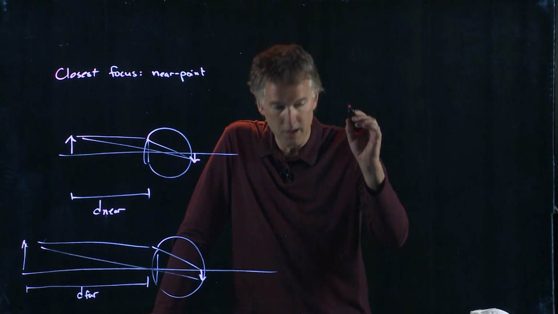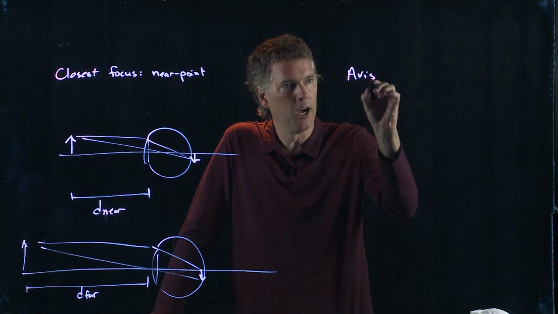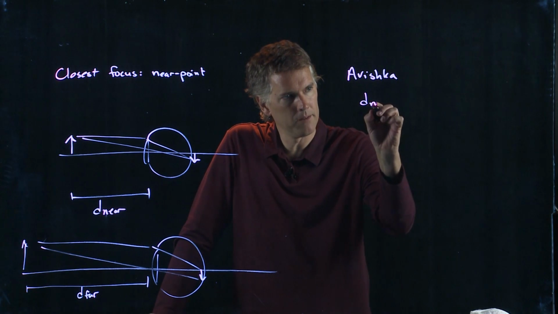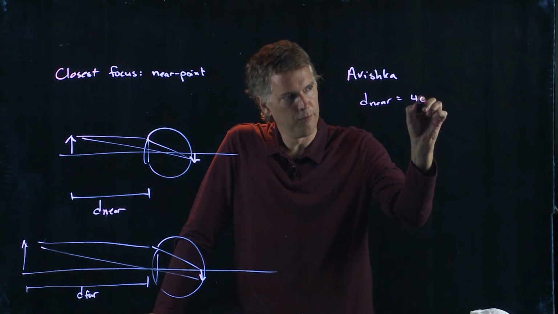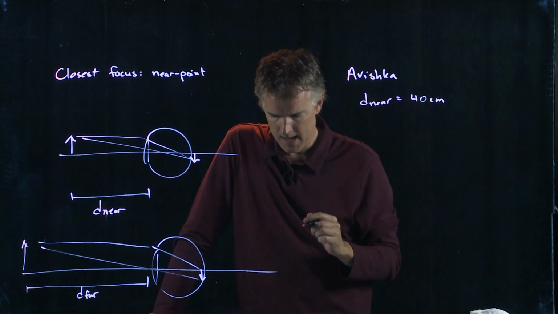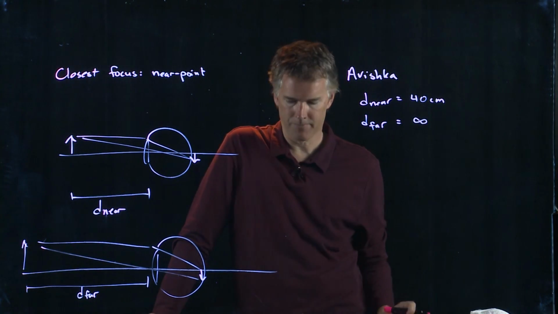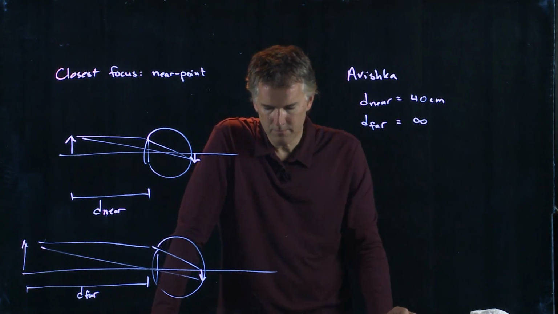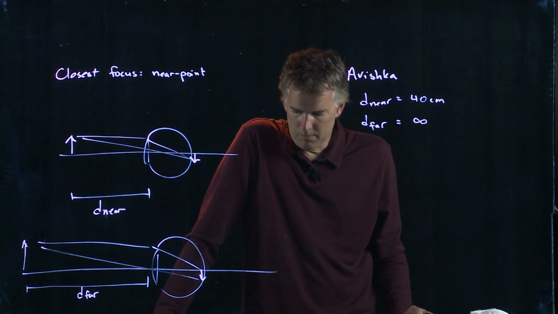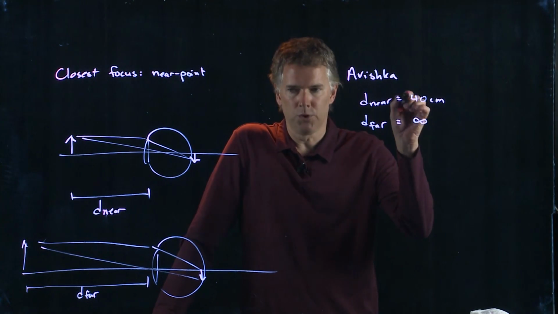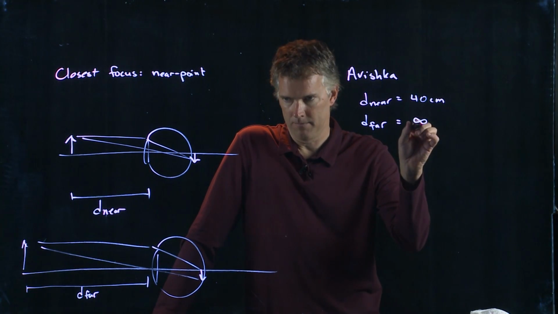The first person was Avishka, is her name, and they had a near point of 40 centimeters and a far point of infinity. Okay. So, when you consider people that are nearsighted, they are not able to see out to infinity, right?